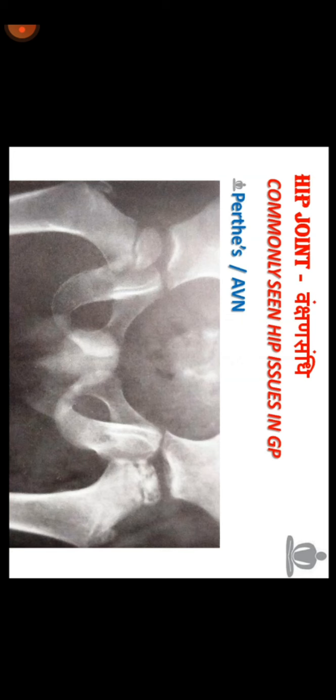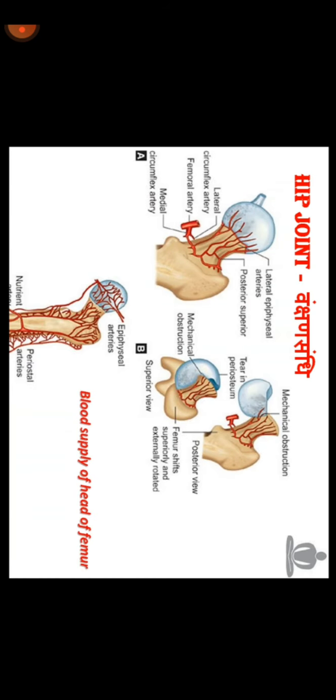So basically, blood supply of head of femur gets hampered in these types of cases. I think you should see this particular diagram. In this case, it has a unipolar blood supply.